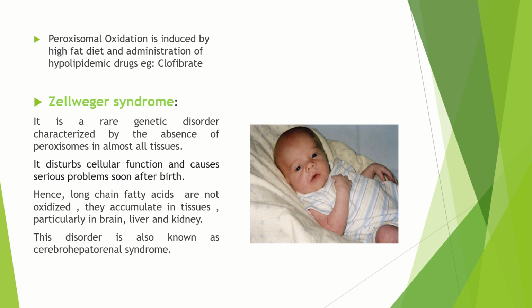When peroxisomes are absent in the tissues, long chain fatty acids are not going to be oxidized, so they are going to accumulate in tissues, especially in brain, liver and kidney, and that disorder is known as cerebrohepatorenal syndrome. Serious problems occur soon after the birth of a baby.